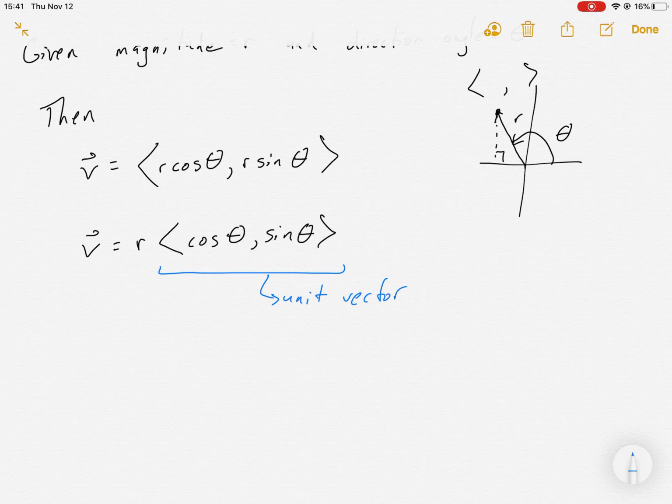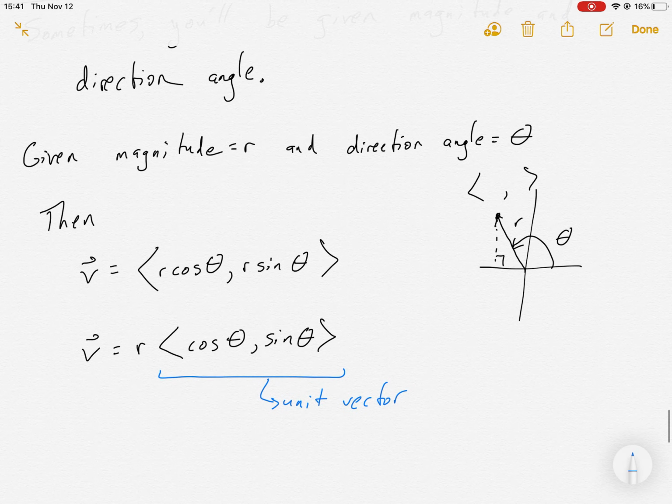And that's essentially a direction. It's telling you which angle you're going at, and then r tells you by how much. So this is kind of a nice way to write this out. When you're given a direction, angle, and a magnitude, you can rewrite it like this so you actually know, oh, this is where I'm headed, and this is how fast I'm going, or how much the force is, whatever it might be.